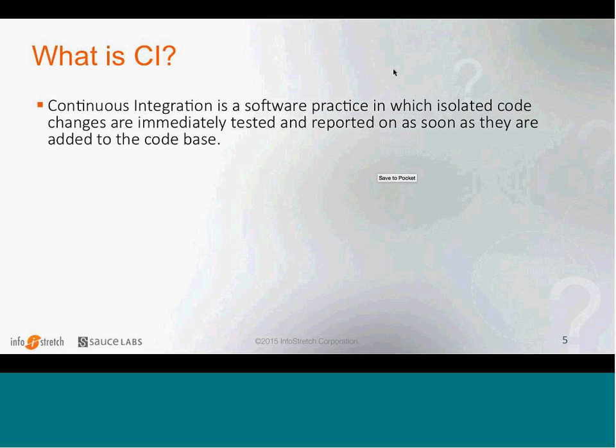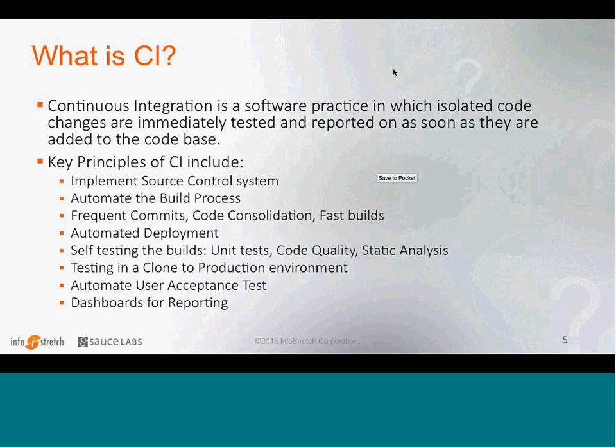We will deep dive into the different key principles of CI, which are important, and these are 9 key principles of CI. If we implement these 9 principles, then continuous integration and continuous delivery can be achieved for mobile, which is a very dynamic world.